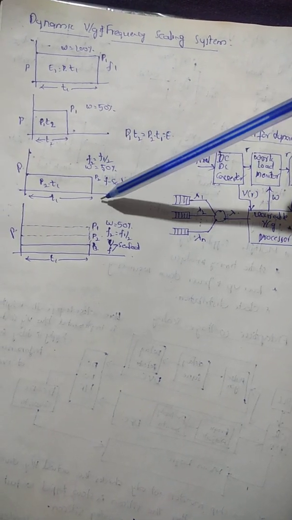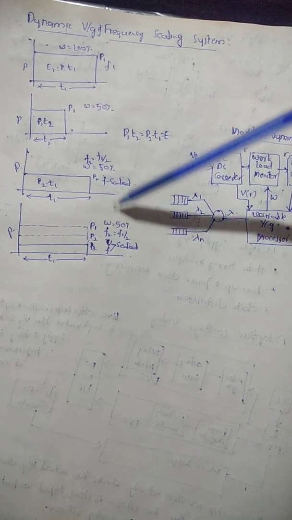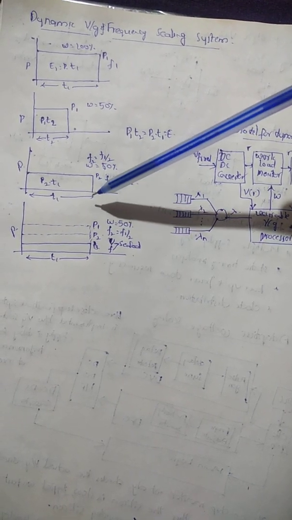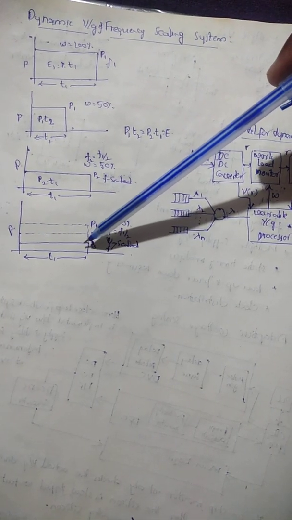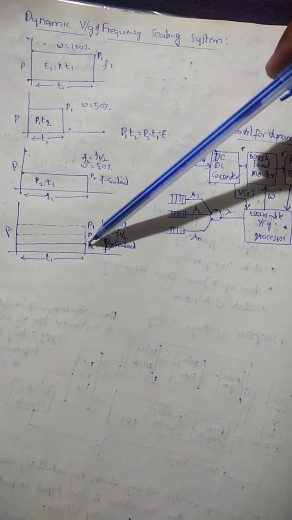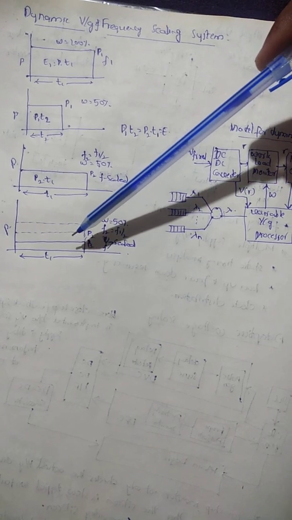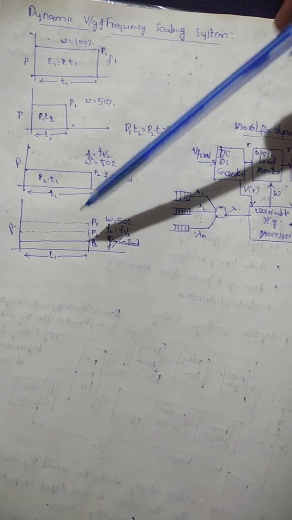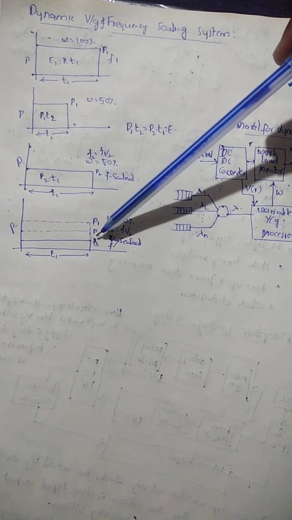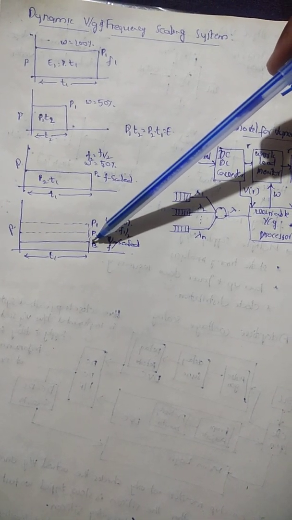If the frequency is less, we know that the voltage can be very low. In this case, we are going to scale down both the voltage as well as the frequency, so instead of P2, it is going to be P3.